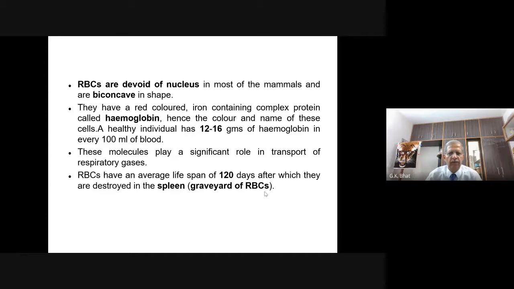I repeat, a boy or girl who celebrates their 18th birthday and who has 45 kg of weight becomes eligible for blood donation. Up to this age, up to attaining this particular weight, you are not supposed to donate blood.